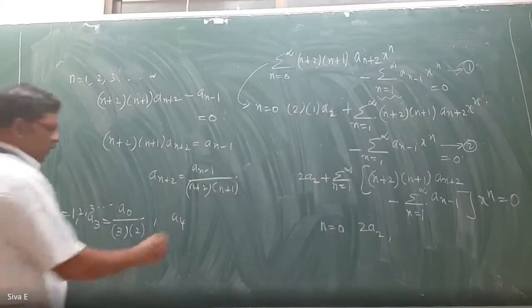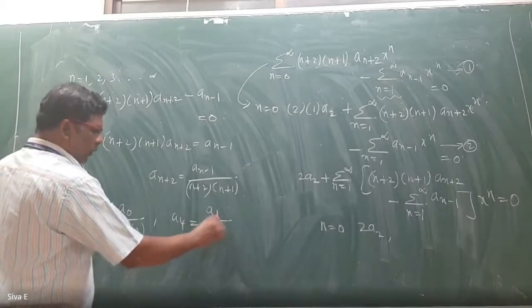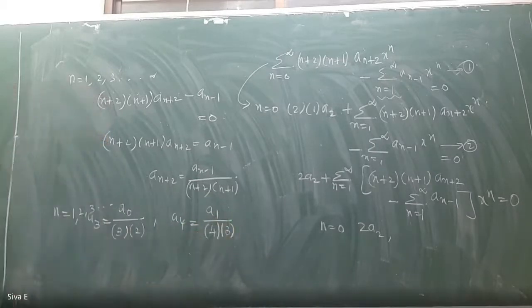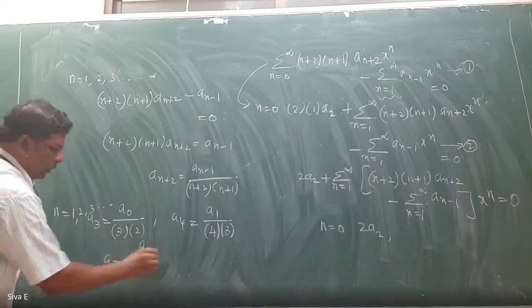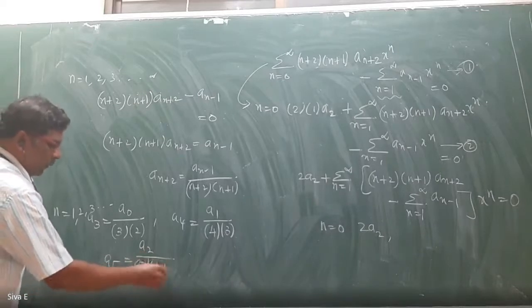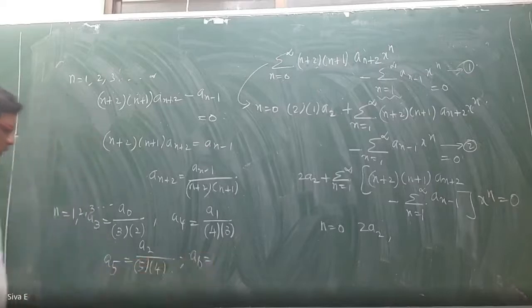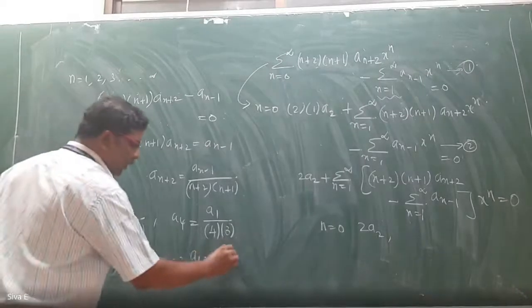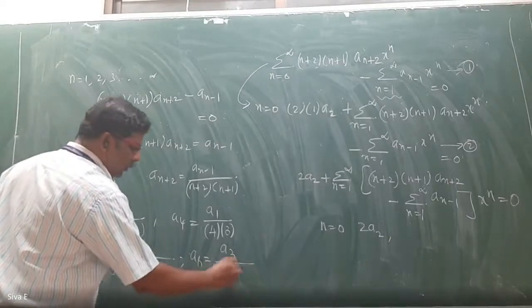So what is a4 here? a4 is a1 by 4 into 3. a5 equal to a2 by 5 into 4. a6 equal to a3 by 6 into 5.